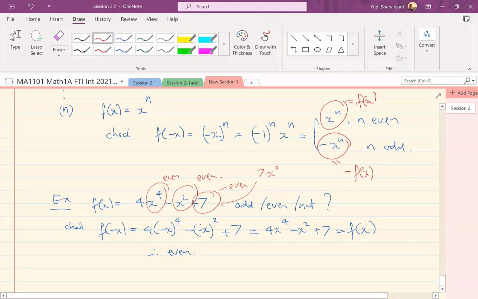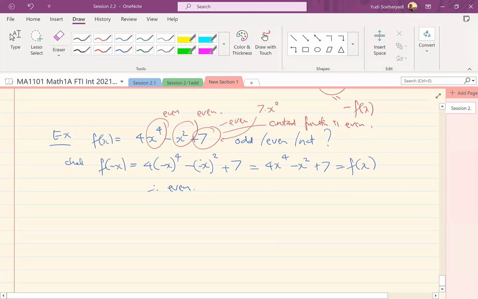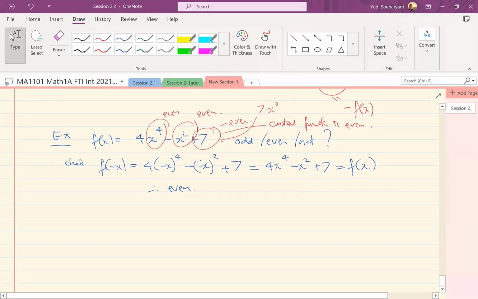So a constant function is even. Okay, so this is a sum of even functions. So this is general.